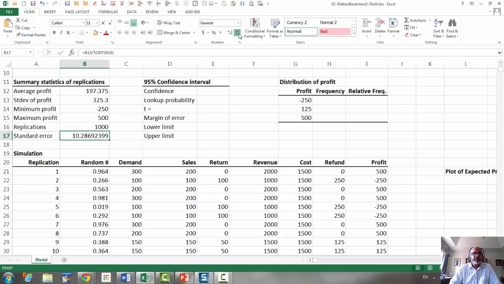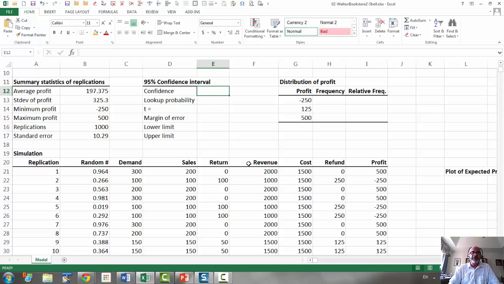Now if you multiply the standard error by the z value from the normal distribution, actually, we need to use the t value from the t distribution because the standard deviation of the population is unknown. That will give us the sampling error, and then we can add and subtract the sampling error to the average x bar value, and that will give us the lower and the upper limit of the confidence interval.